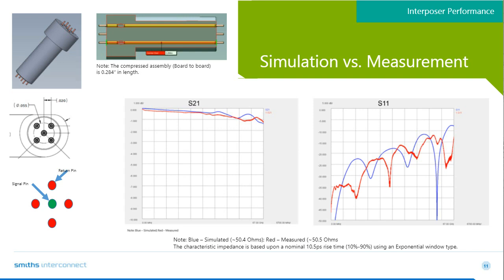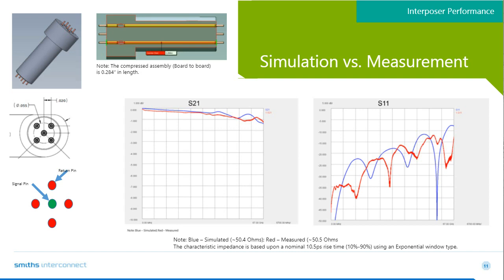So as we're showing here in the insertion and return loss plots, the blue line is the simulated result, and the red line is the measured result, which is also a de-embedded result. It may be very difficult to see, but this is actually through 67 gigahertz. You can see that we cross the minus 1 dB point at about 60 gigahertz.